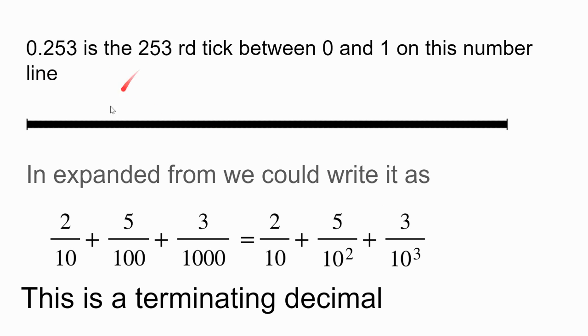So it's like the 253rd little dash between 0 and 1, but I cannot even see it. But I could expand it as 2 over 10 plus 5 over 100 plus 3 over 1,000, or 2 over 10 plus 5 over 10 squared plus 3 over 10 to the third. It's a terminating decimal. It ends. This is the whole thing. We're done.